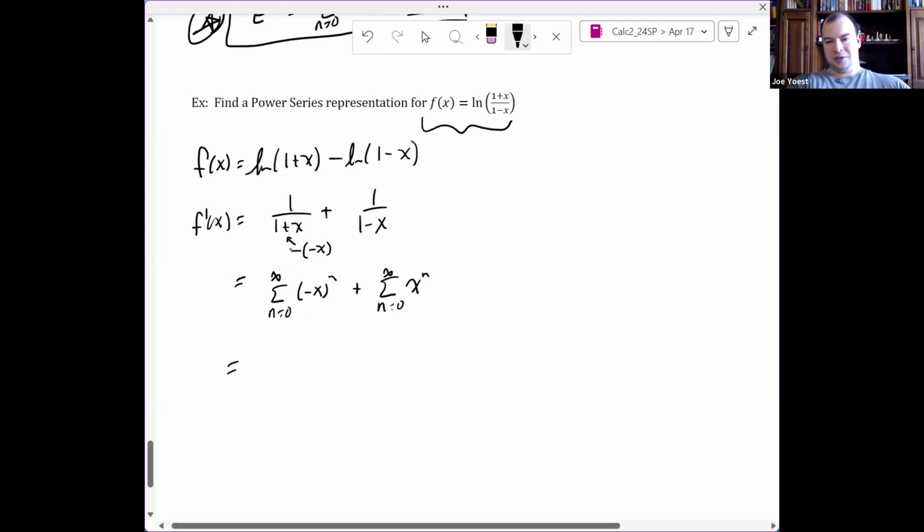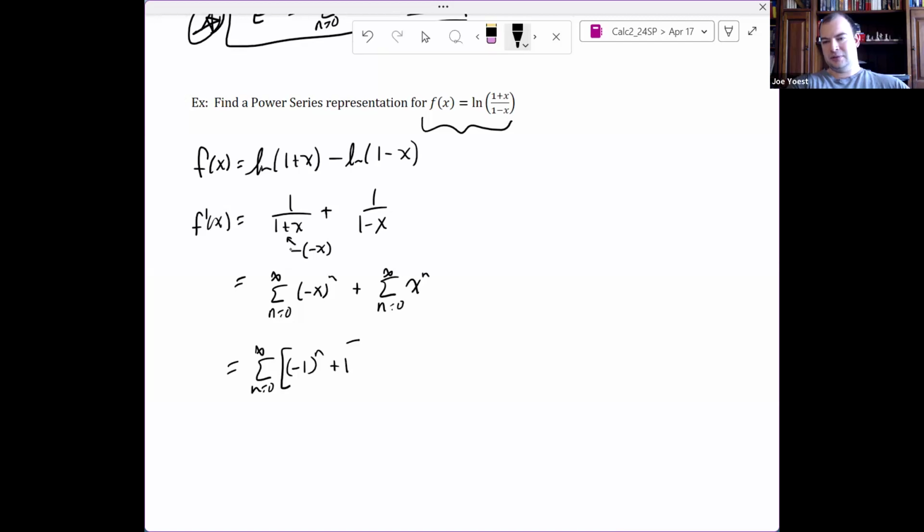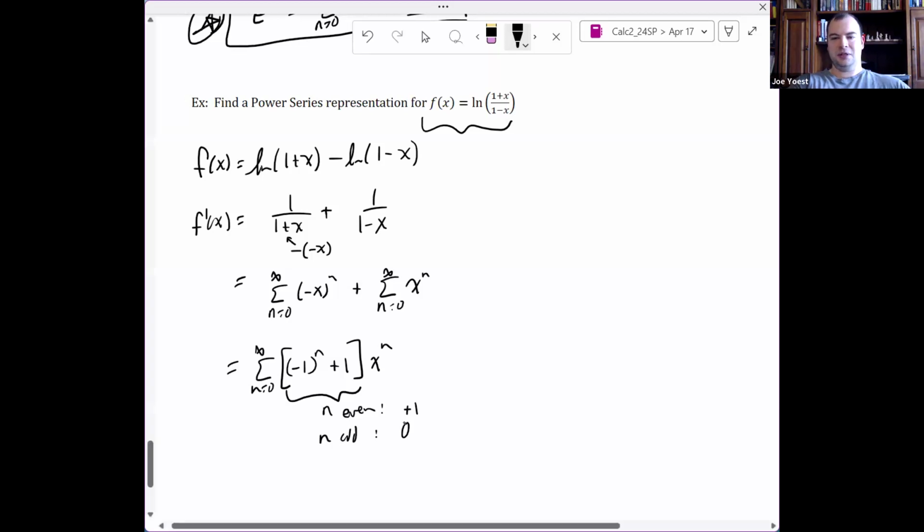Or I can see that this is going to be sum n equals 0 to infinity of (minus 1) to the n plus 1, x to the n. And I can see that my coefficient for n even is just plus 1, and for n odd is minus 1 plus 1 is 0.